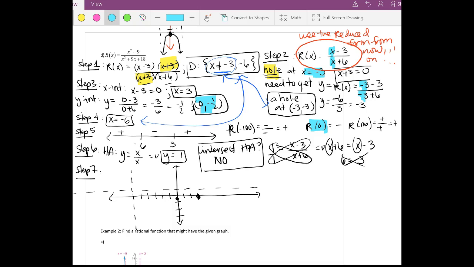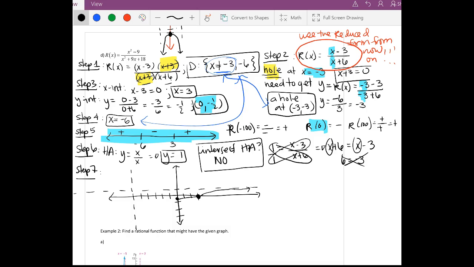Let's use your step 5. It says on the right-hand side of 3, everything needs to be positive. So what that means is, don't touch your asymptote because it says don't touch it. And it says from -6 to 3, everything needs to be negative.